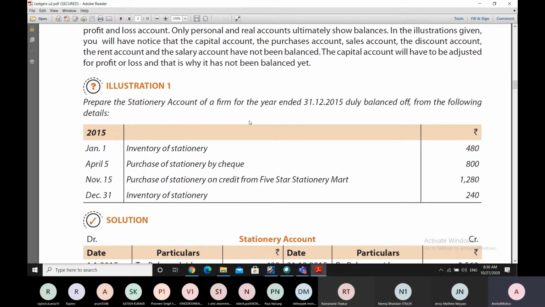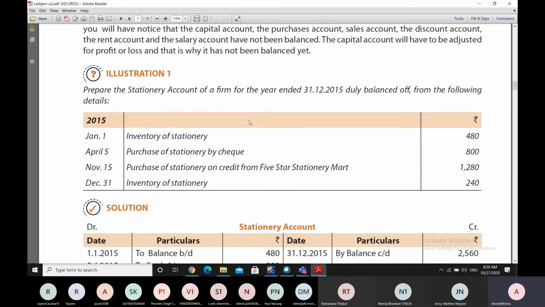Now let us say we start with the illustration. We are asked to prepare a stationery account of a firm, and we are also asked to duly balance it off from the details which are mentioned here.